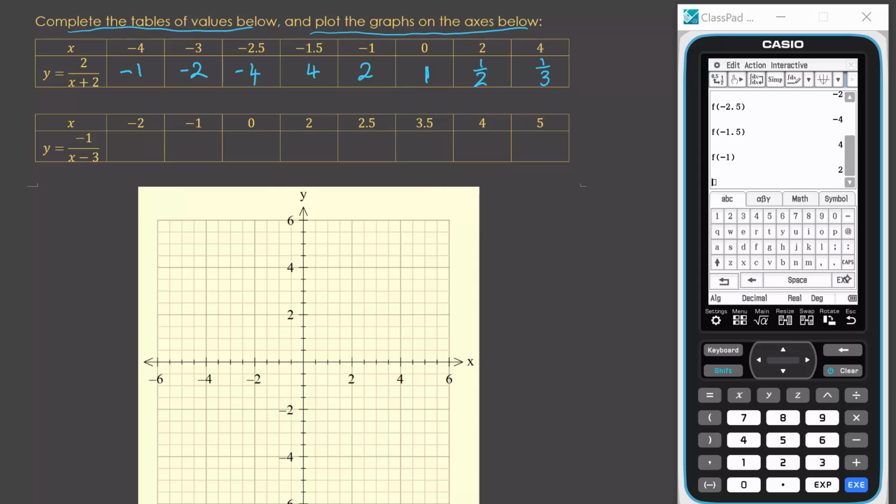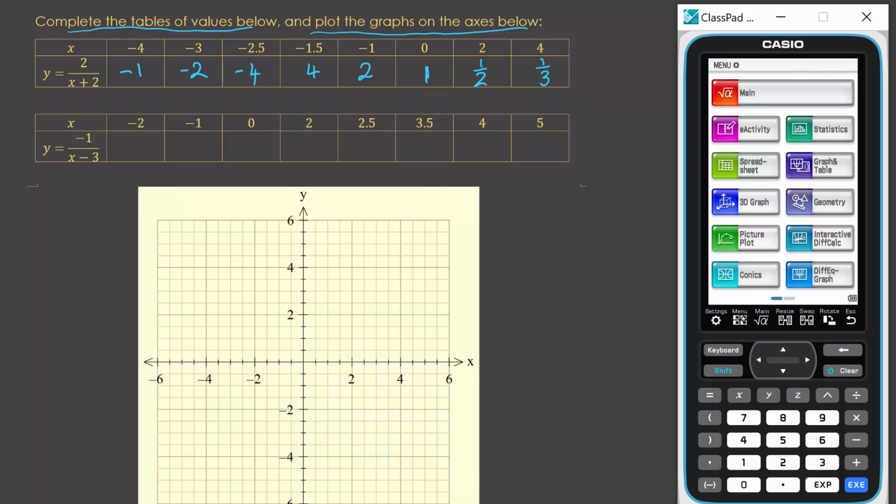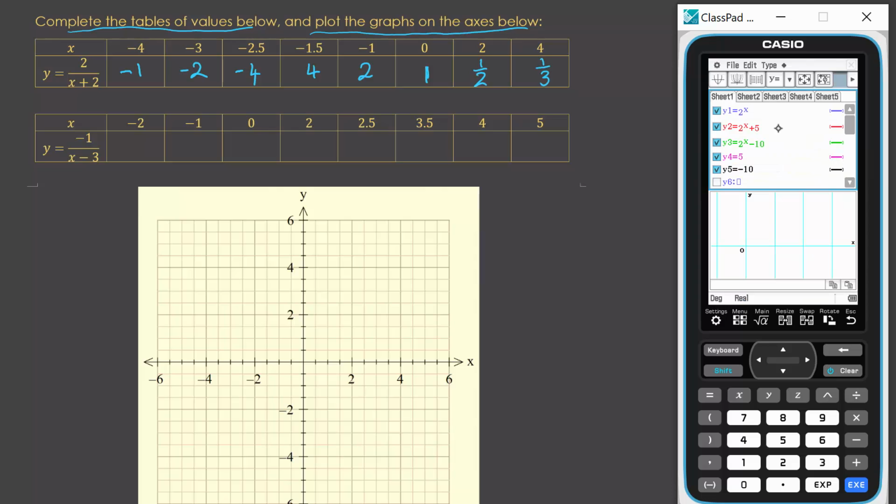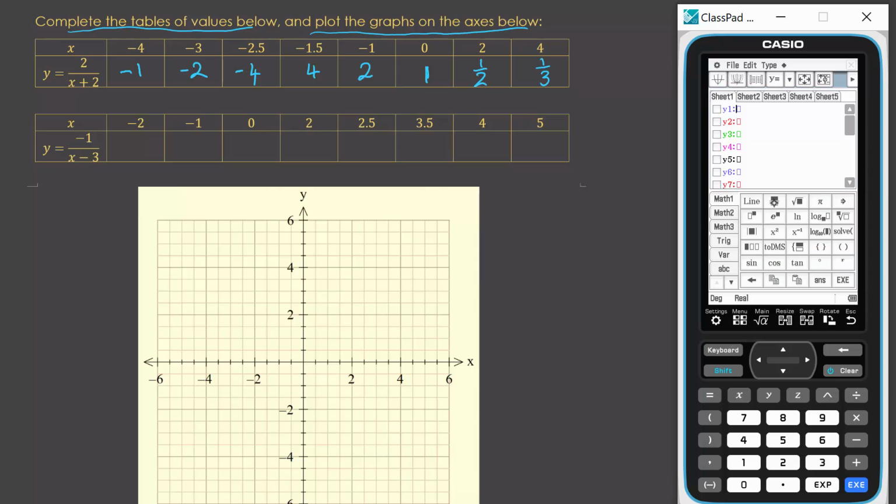Let's do the other table. So what I could do here, there's another way of doing this. Let's do it that way. Let's go to graph and table. I'm just going to clear anything I've got there. And I'm going to put in this graph, which is -1 over x minus 3.